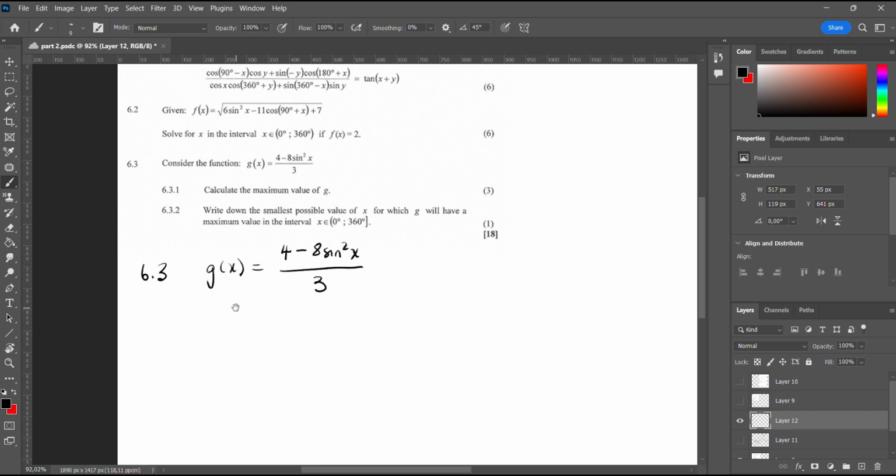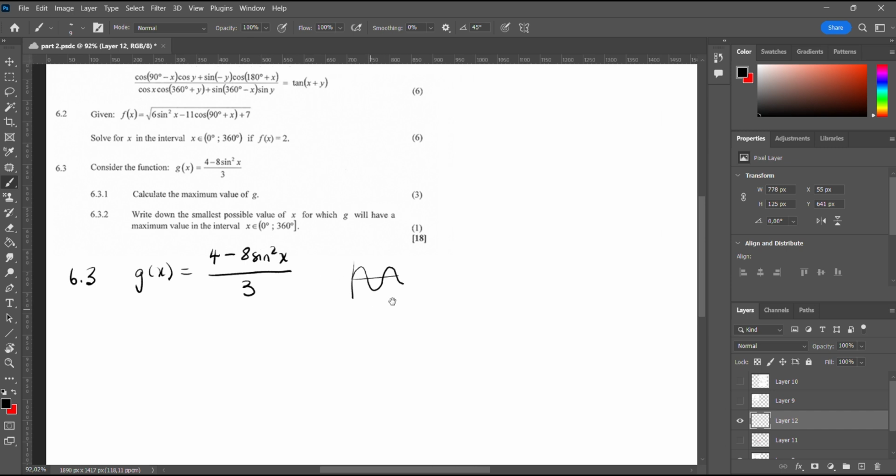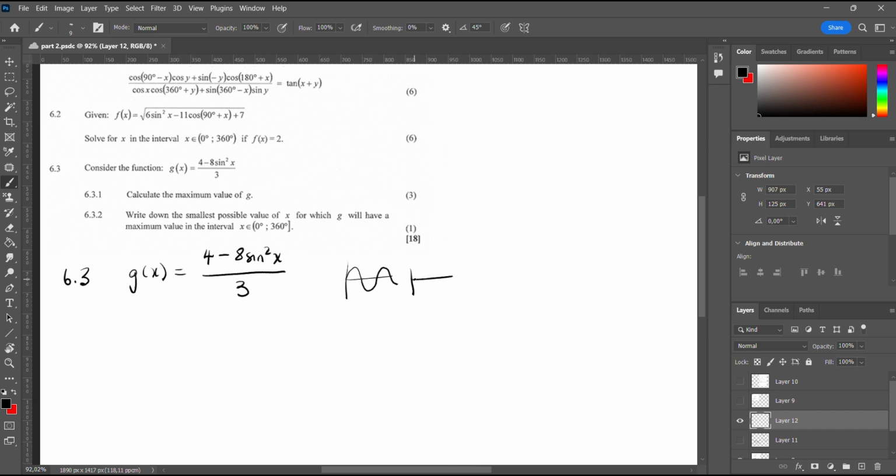The maximum value of g is when, on the graph of sine, where sine peaks and drops and peaks and drops, but when it's sine squared you only get something like this.